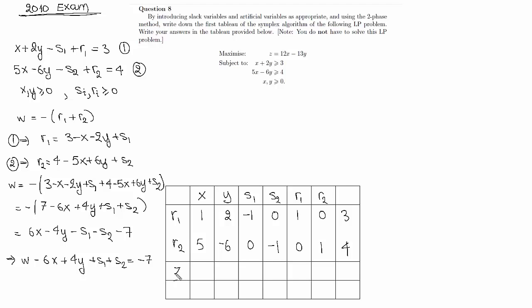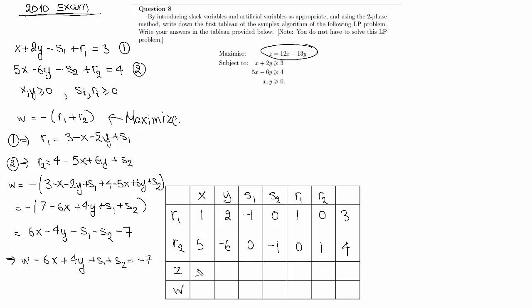And now we put z here and then w. So z is this one. And with the two-phase method, we work on maximizing this as well. Don't forget that. So our phase 1 of the two-phase method is to maximize this, but we only need the initial tableau, so we don't worry about that at this stage.